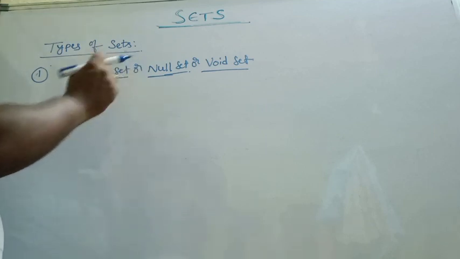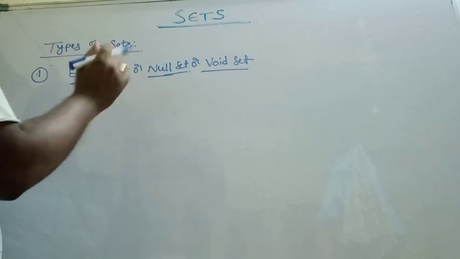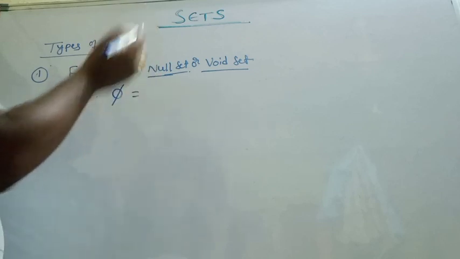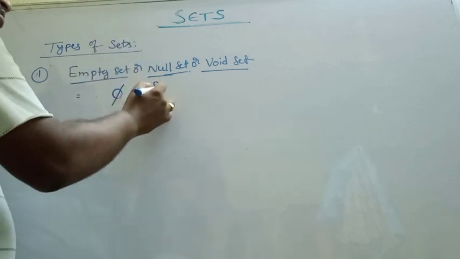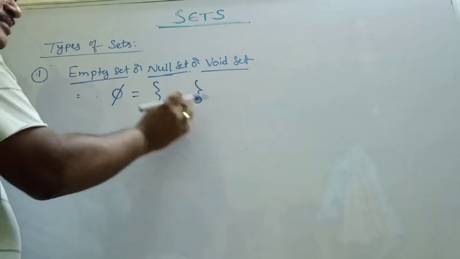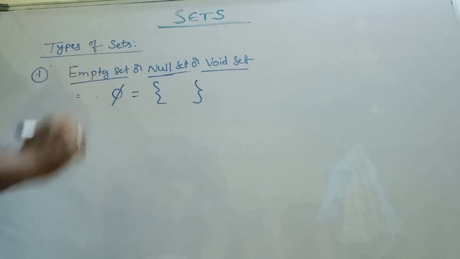It does not contain any elements, that is the definition of that set. It is generally denoted by phi, like this, equal to, we open the bracket and close the bracket, but no elements within it. This is the way we define a null set or empty set.